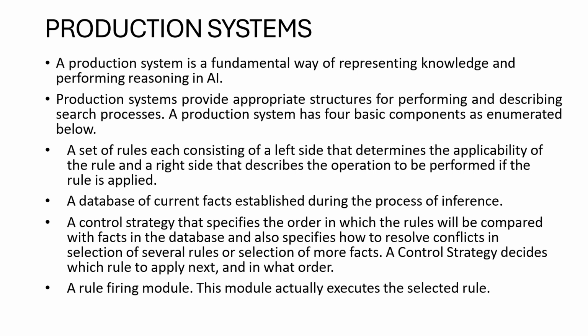And then the third component is the control strategy. The control strategy specifies the order in which the rules will be compared with the facts in the database, and also specifies how to resolve conflicts in the selection of several rules or facts. So a control strategy decides which rule to apply next and in what order.